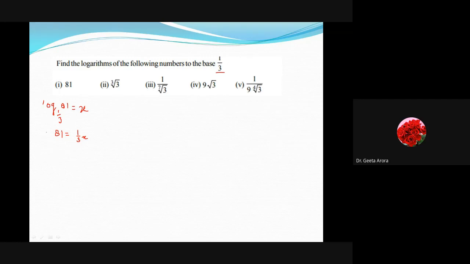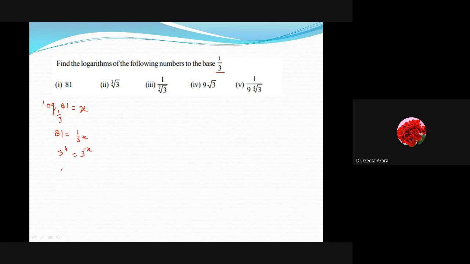Now if I open this 81, we know 3 3s are 9, 3 9s are 27, 3 27s are 81. So it can be written as 3 raised to power 4. And (1 by 3) raised to power x, if I bring it in the numerator, becomes 3 raised to power minus x.